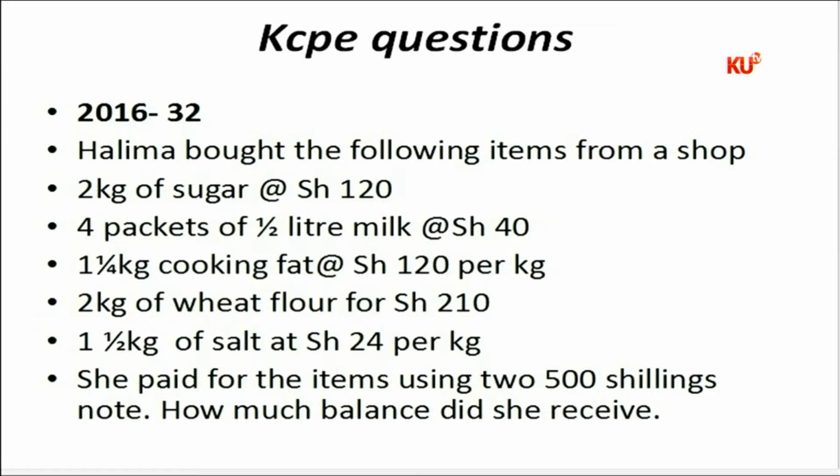And then we have 1 1/4 kgs cooking fat at 120 shillings per kg. 2 kgs of wheat flour for 210 shillings. 1 1/2 kgs of salt at 24 shillings per kg. She paid for the items using 2 500 shillings notes. How much balance did she receive?